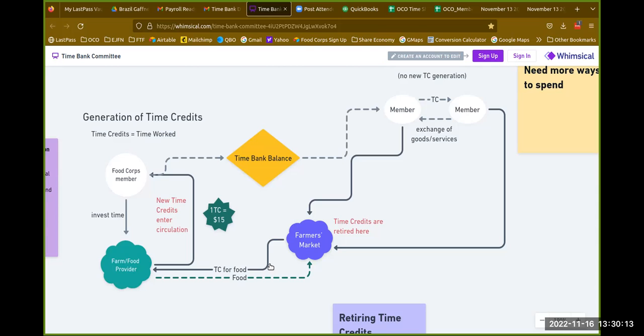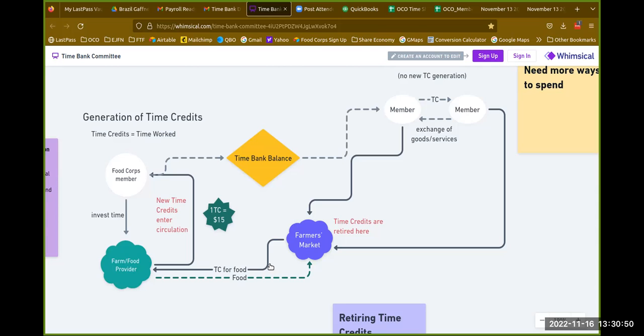And we did it that way because during the roundtables last year, the question came up: if a farm just joins EcoJust and has barely had any food corps members come up and do work on their farm, it wouldn't be fair for them to have to accept a whole ton of time credits when they go to the market to sell.